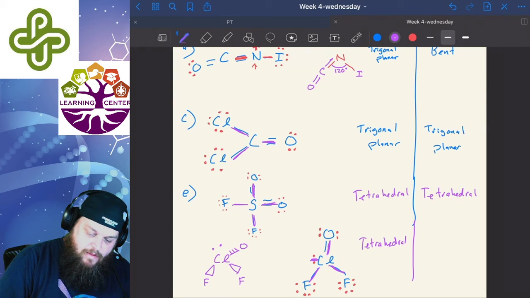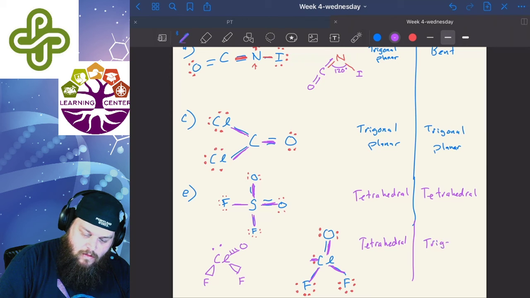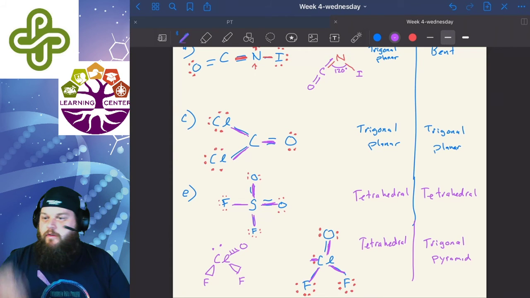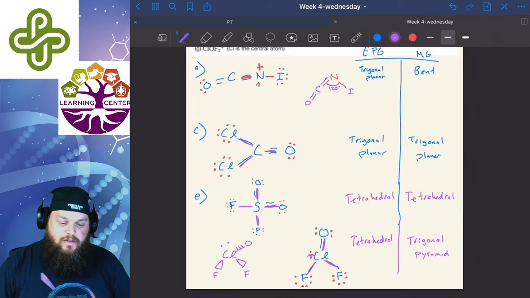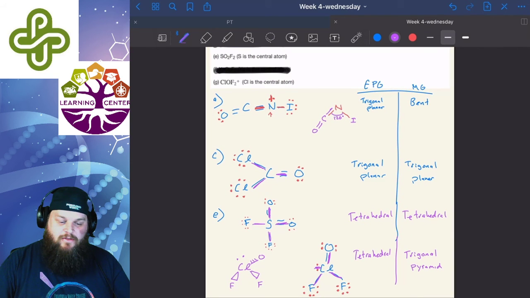And that's going to be more of a trigonal pyramid. So trigonal meaning 3 and pyramid meaning it forms a little pyramid. It's pretty straightforward. So those are the different molecular geometries and electron pair geometries we had for this problem here.